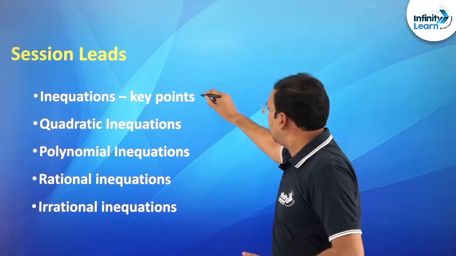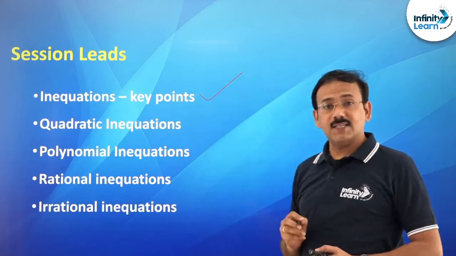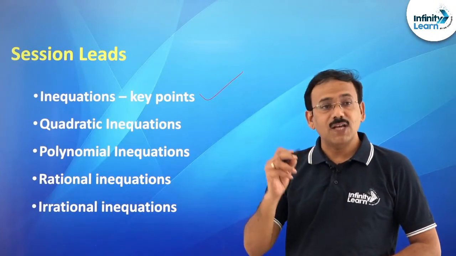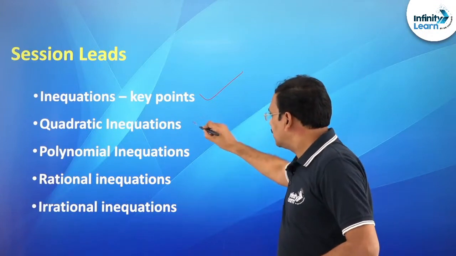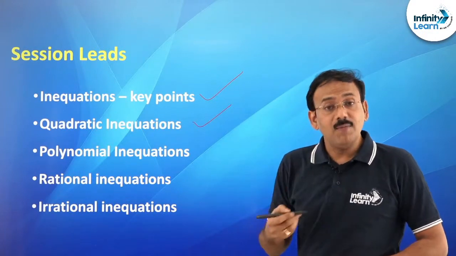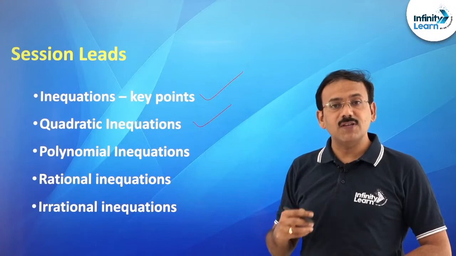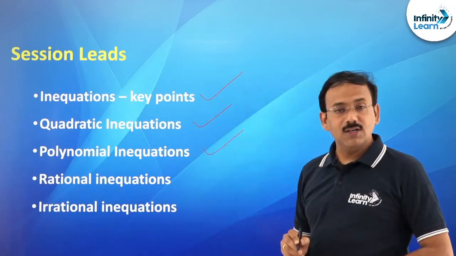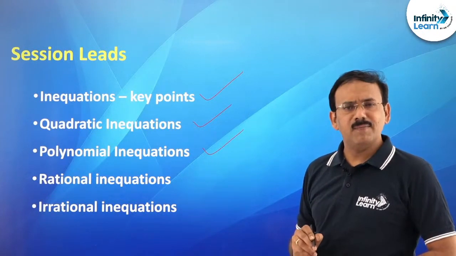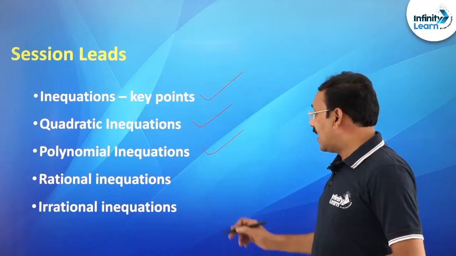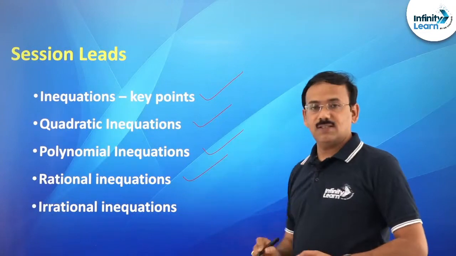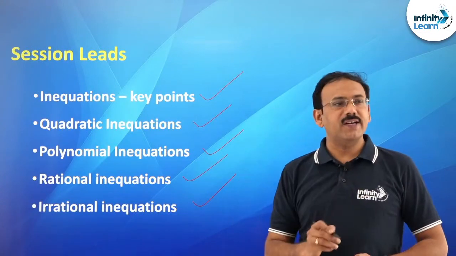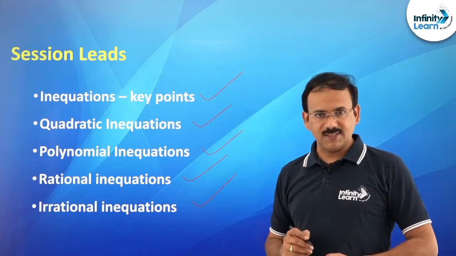Then next, quadratic inequations, where I will provide a method to solve a quadratic inequation. Then polynomial inequations, that means inequations of order more than 2, where we will talk about the wavy curve method, an important and easy method, and then rational inequations, and then irrational inequations. These are the 5 topics that we are going to see in this class.